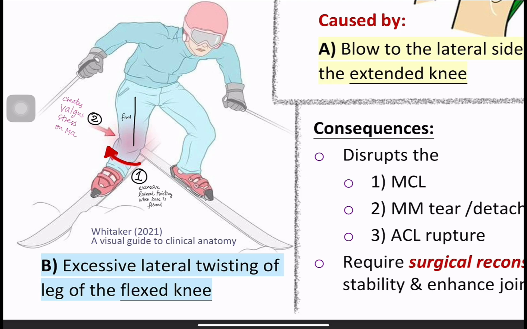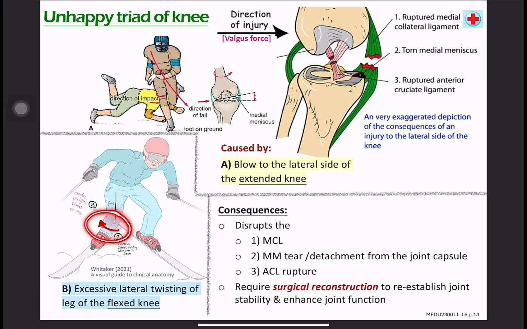This twisting mechanism is particularly common in sports that require rapid changes in direction, such as football, basketball, and skiing. Think about when a player plants their foot to change direction, but the momentum of the body continues in the original direction.